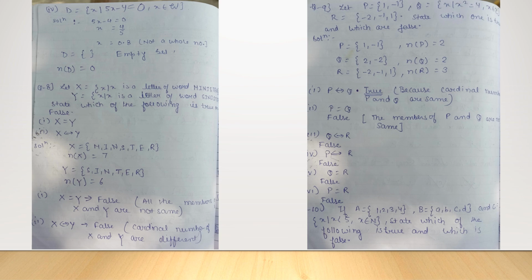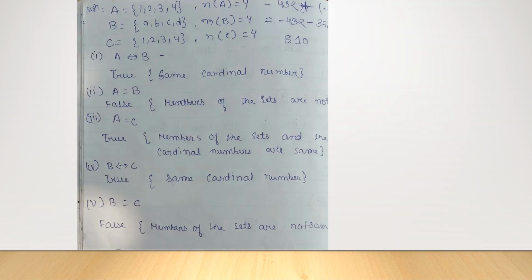So we have to write down the set C at first because set A and B are already given. Set C is equal to {1, 2, 3, 4} because set C is a natural number and it is less than 5. So as we can see, all the three sets are having the same cardinal number: 4, 4 and 4.